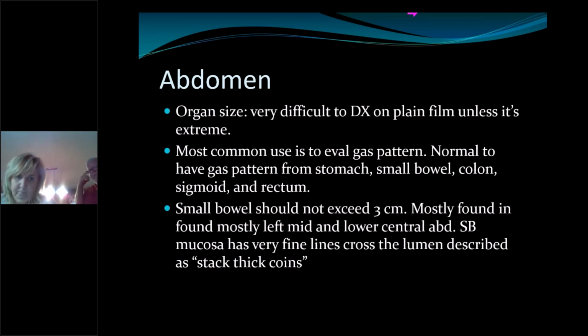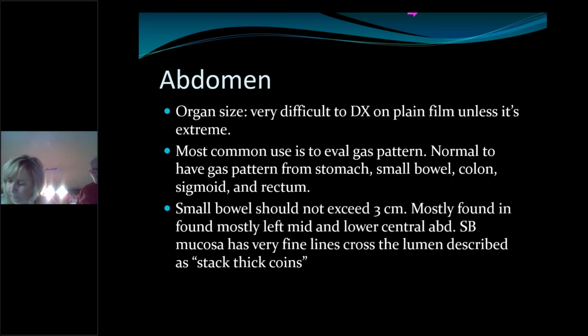When you think about bowel, and we'll see the difference between SBO and ileus in a minute, most of the bowel is found in the left, mid, lower, central abdomen, so basically all over. But when you're looking at small bowel, it has very small mucosal lines, and they almost look like stacks of coins.